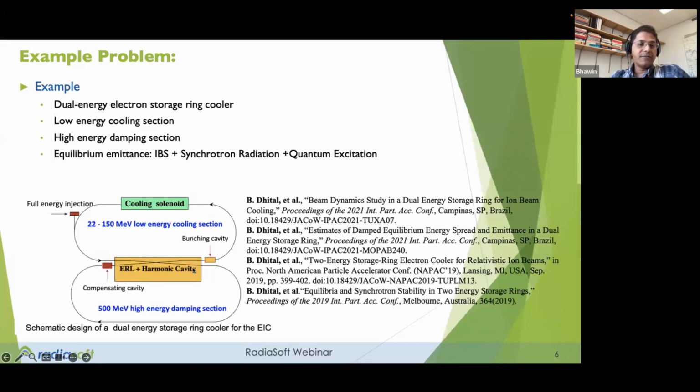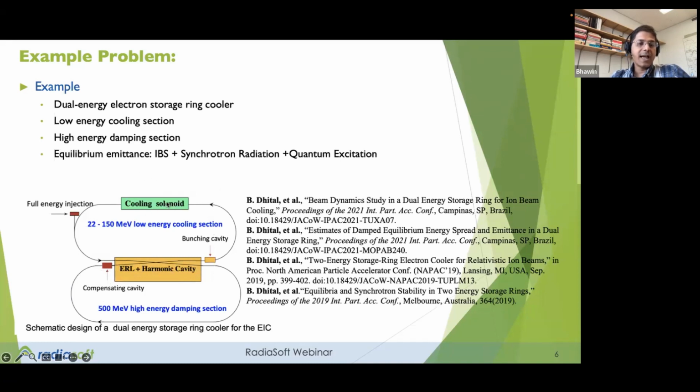We use the same RF cavities, but we apply the decelerating phase. So the electron beam at lower temperature from the high energy ring comes to the low energy ring and interacts with the proton beam, which is not shown here, but which is adjacent to this ring.